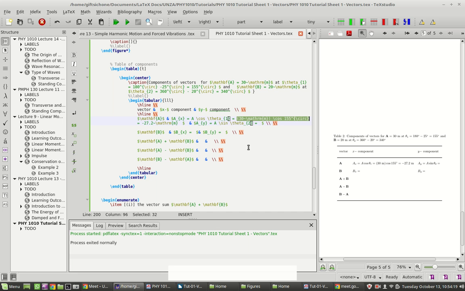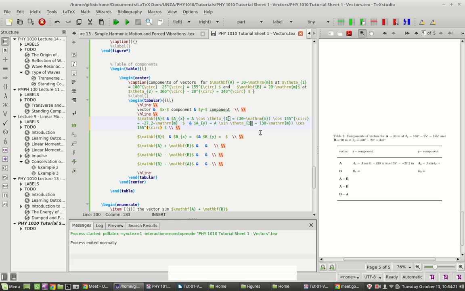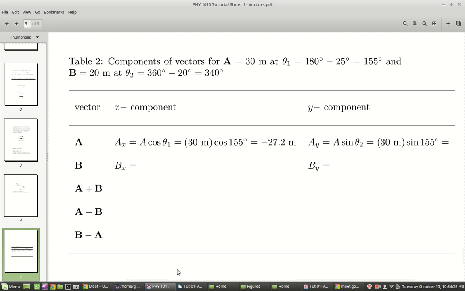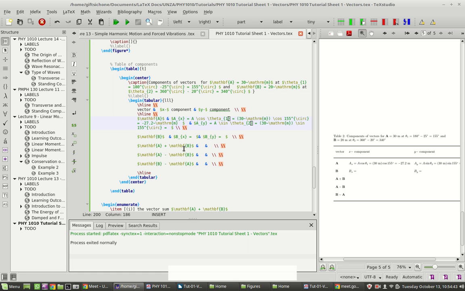Then the angle is how much? 155. So that is 30 meters times sine 155. That gives you 12.7 meters.